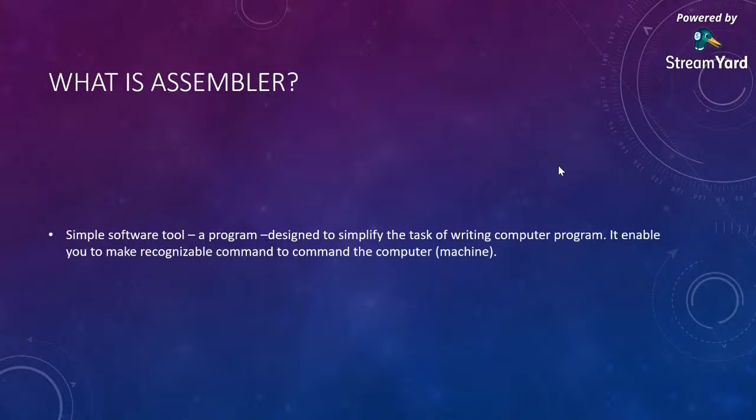So, what is the assembler? It is actually a simple software tool designed to simplify the task of writing computer programs, and it enables you to make recognizable commands to command the computer or machine.